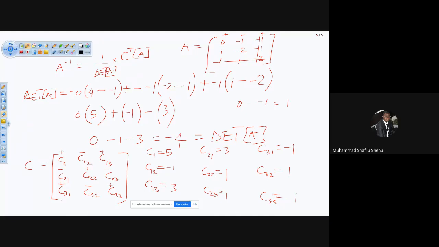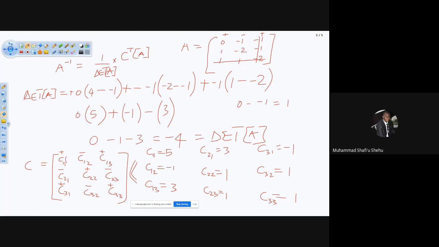So now we have to substitute it back into our cofactor matrix. I'll just substitute the answers, then we can proceed.